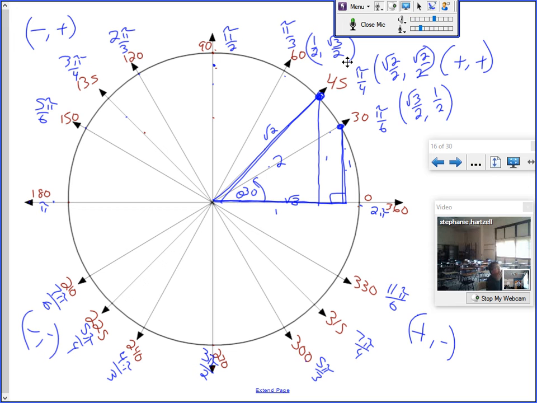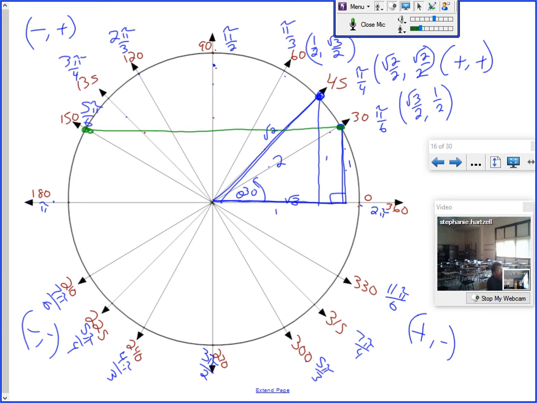Now, when things start to get kind of interesting is when you move these into the other quadrants. If I take this 30 degrees here, and I move it horizontally here, when you move things horizontally, what doesn't change? The y value. What's the sine of 150? It's 1/2. It's the value of the y value.